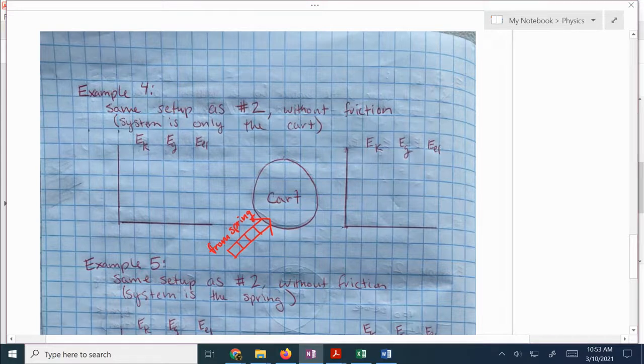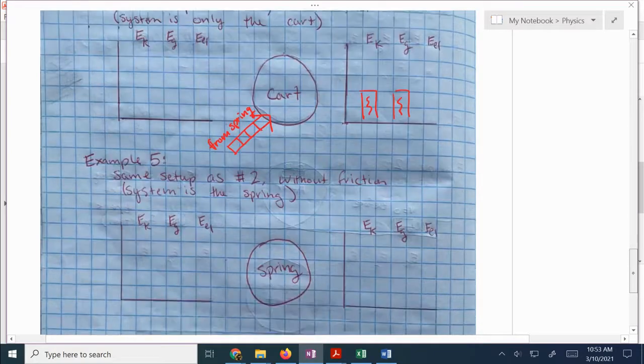So from spring, that's now considered work. No friction there. So we're going to end up with the same end situation where we have kinetic and gravitational energy, 2 bars of each, because there's no friction, so there was no energy lost.